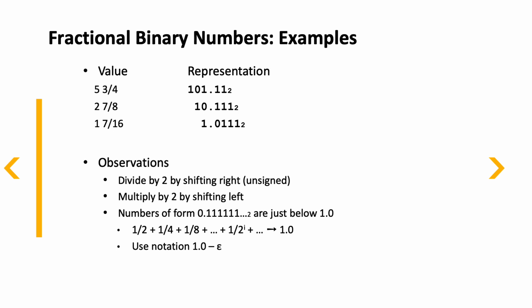That's as much as I have room to represent. If I have 2 bits, I can get to 3/4. If I have 3 bits, I can get to 7/8, etc. So when we use this notation, we're indicating 1.0 minus whatever the small value is between 1 and all that weight in the binary point. We use that when we have nothing but positive weight, nothing but 1s to the right of the binary point, to indicate that this is the form of the binary number that we're dealing with.